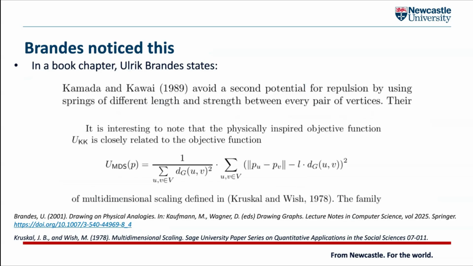I know Brandes has noticed this. This is from his book chapter on drawing physical analogies. Kamada-Kawai, 1989, avoids the second potential repulsion by using these things. It's interesting to note that the physically inspired objective function UKK is closely related to the MDS objective.